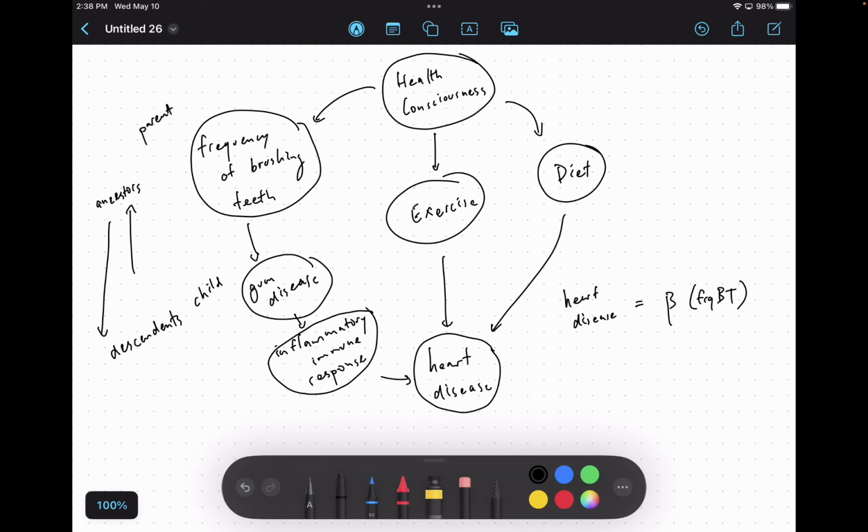Yes? Is that equivalent to saying we need a direct path from frequency of brushing teeth to heart disease, instead of having multiple paths through the two variables in between?